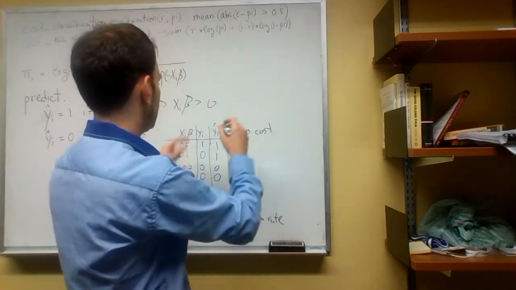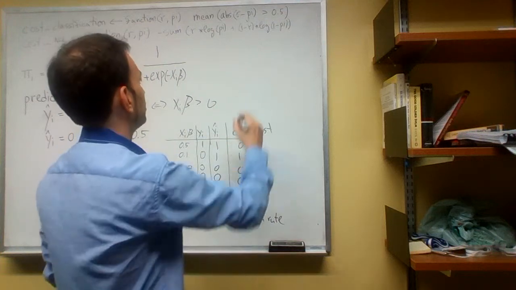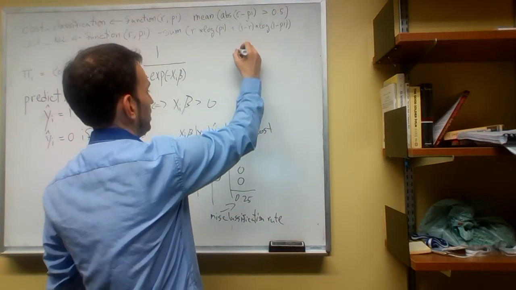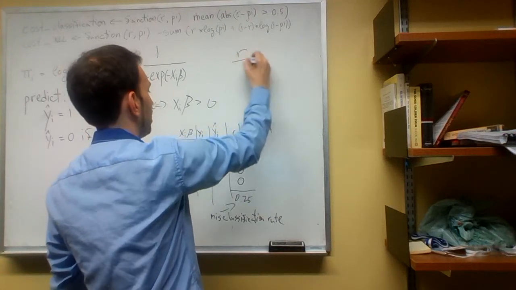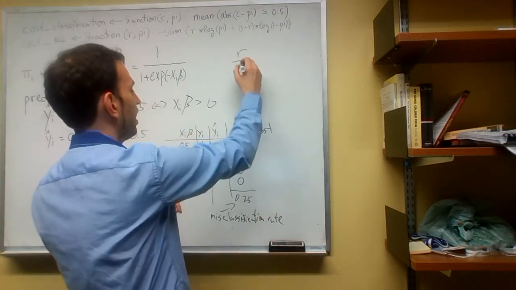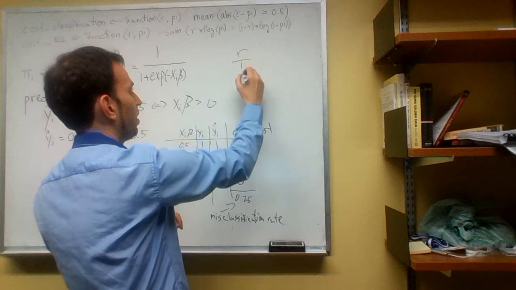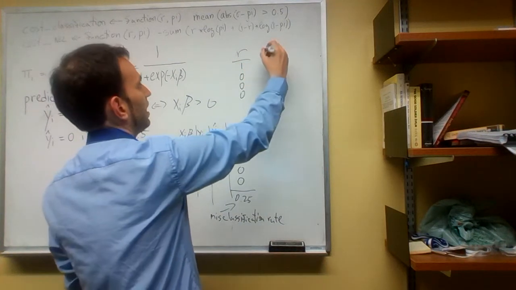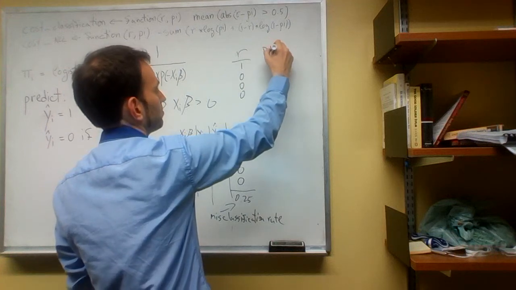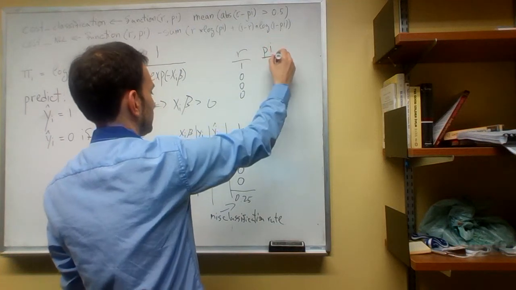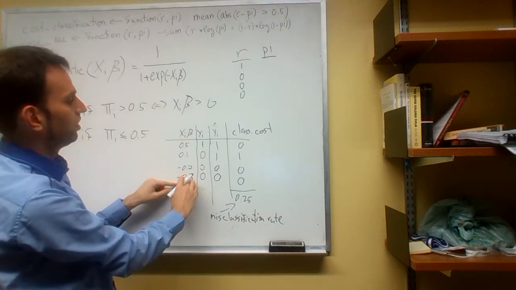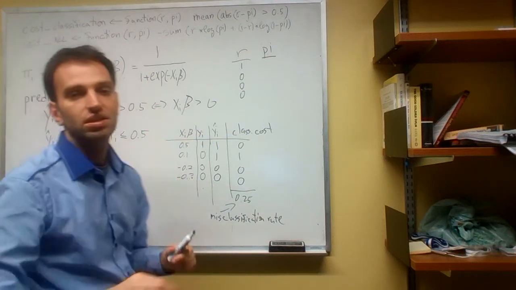So let's reimagine the data here. So what would it be? It is saying here the r's are the same as the yi's, so they're going to be 1, 0, 0, and 0. And the pi's are going to be the logistic of those xi betas.